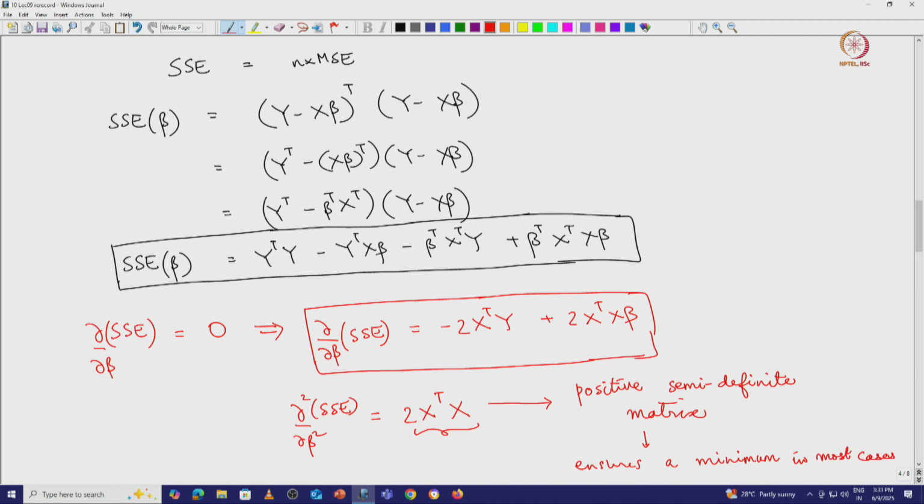So that is what we have in terms of the second order derivative test.